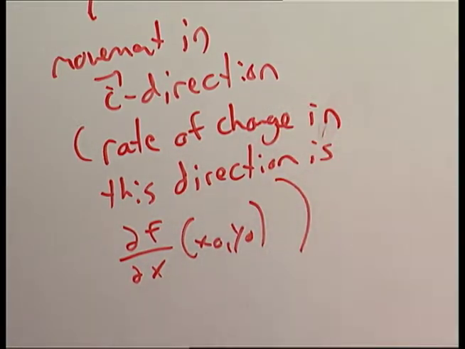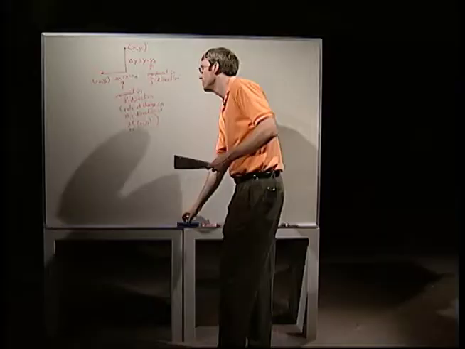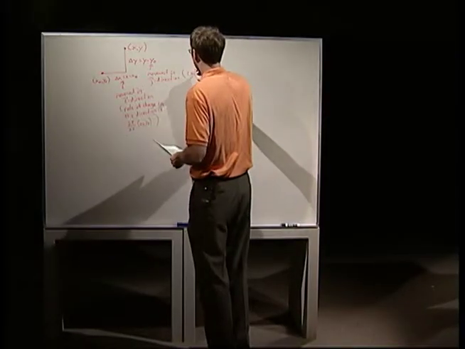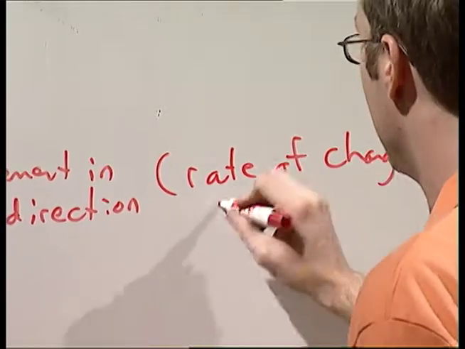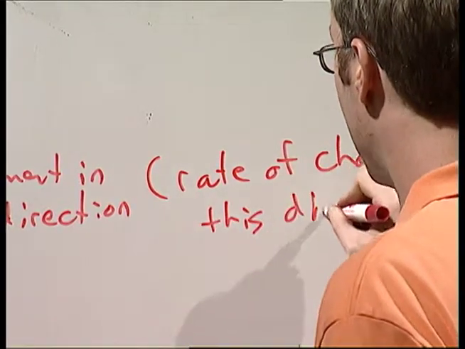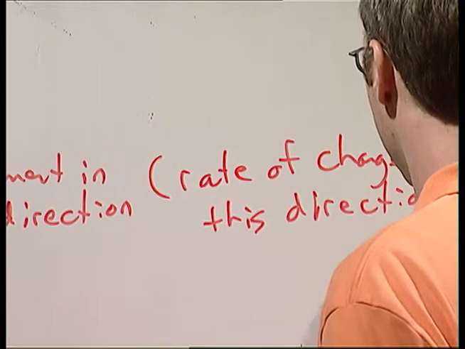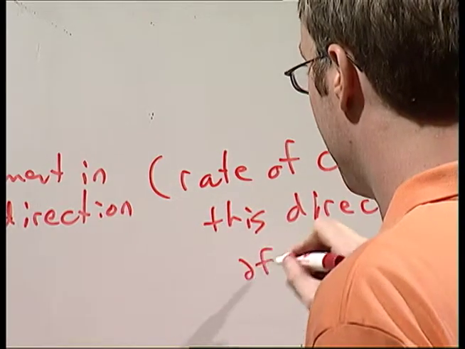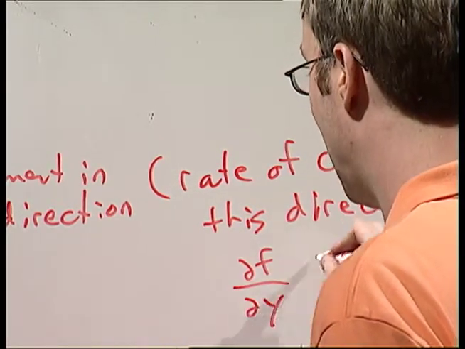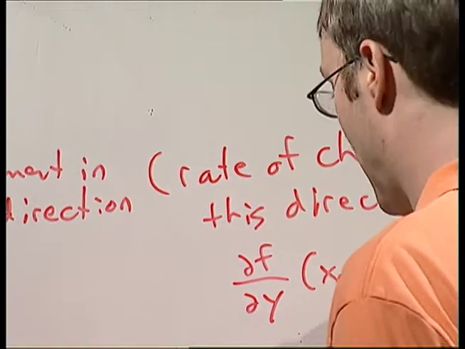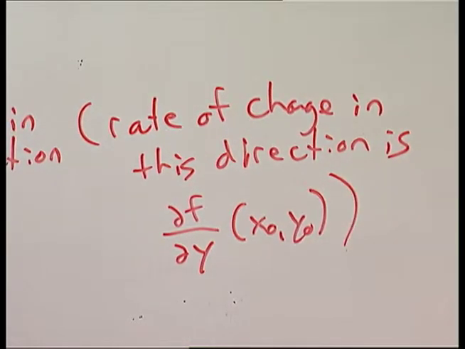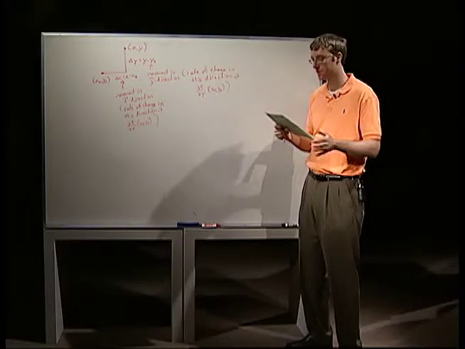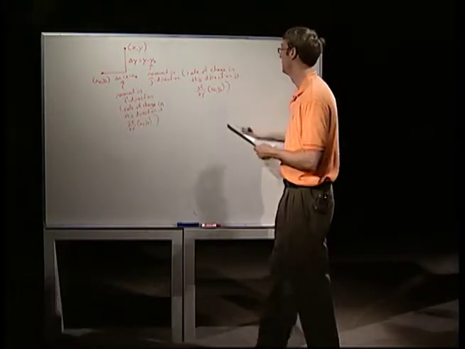And similarly up here, if I move in the j direction, my rate of change in this direction is partial f, partial y at (x naught, y naught). All right? Okay, here goes. So linearization.